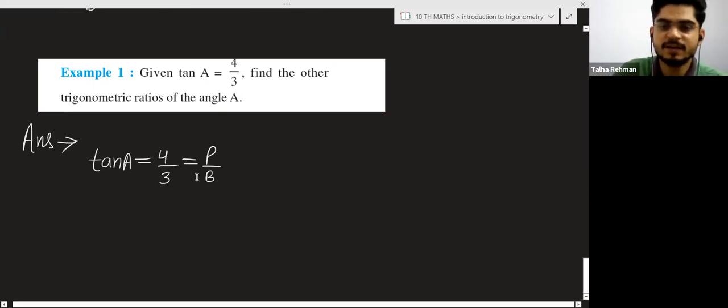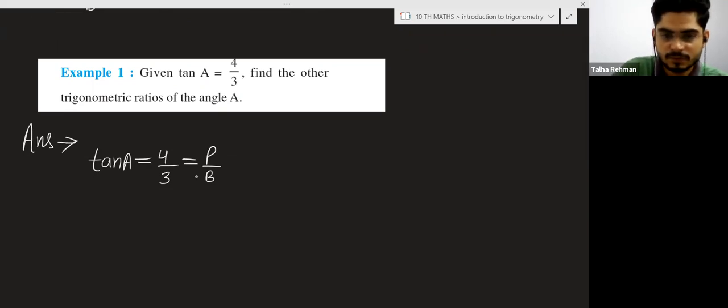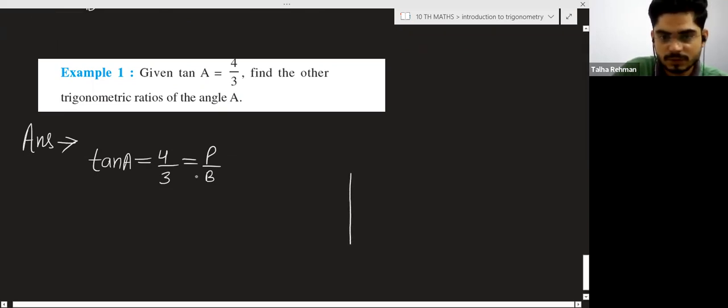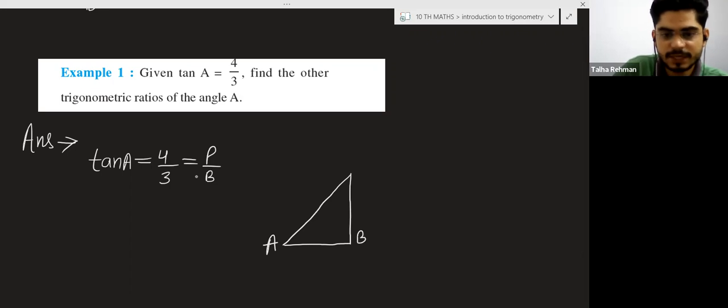Now, always make a triangle like this, and this angle is A, and take a triangle ABC.